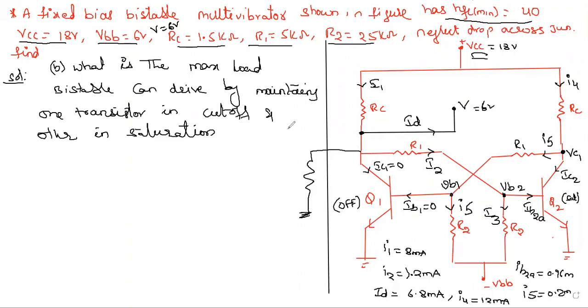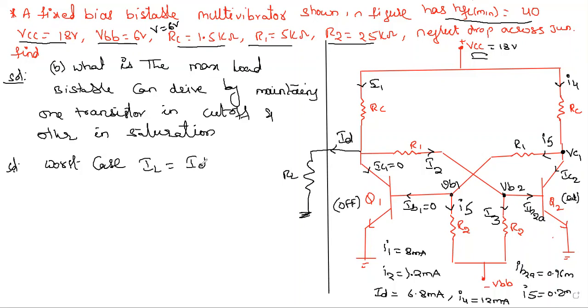In the last class, to drive the load, I made the current entering IB2 minimum, keeping Q2 at the edge. Here, in the worst case, I can assume the diode current which is entering here can be made to enter this load. So in the worst case, the current entering is ID, the diode current, through RL. So the load current IL is equal to the diode current.